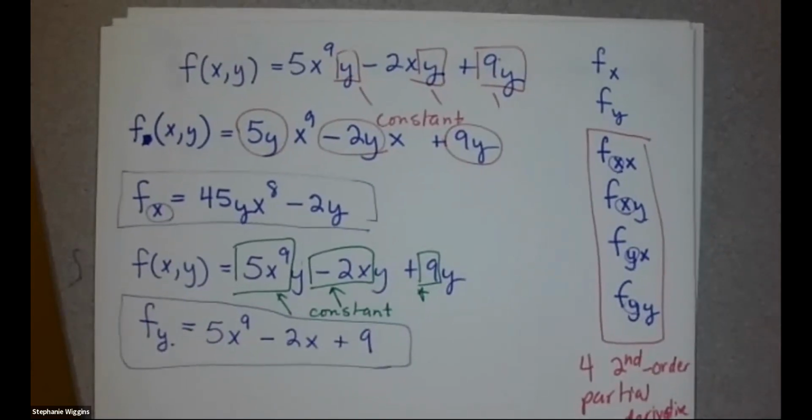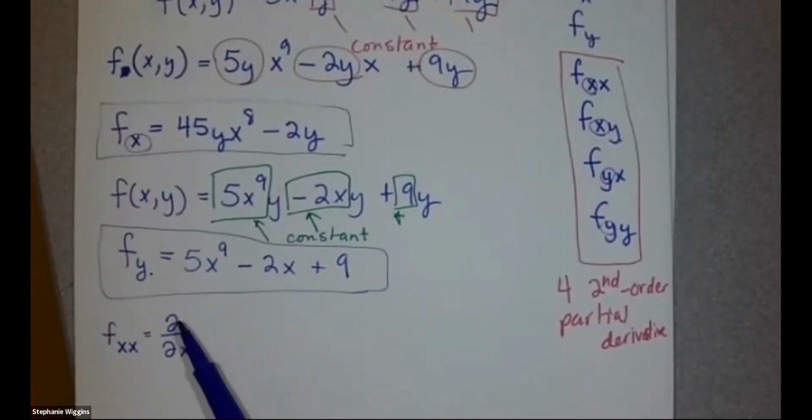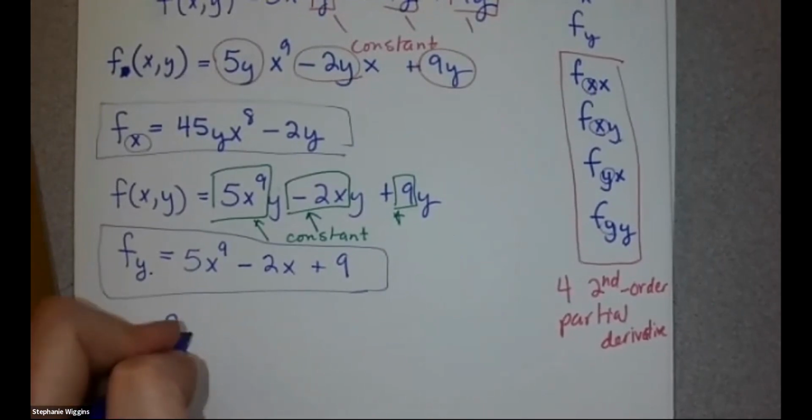And by the way, the notation that I use, when you differentiate with respect to x, you use a script d instead of a regular d to show that it's a partial derivative.